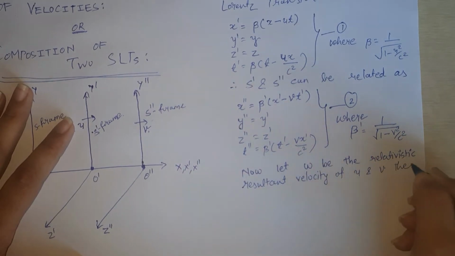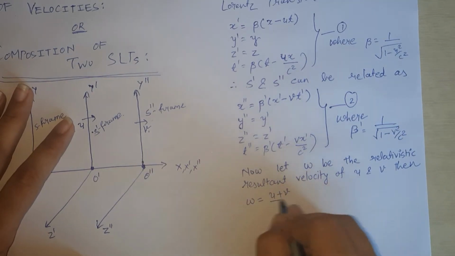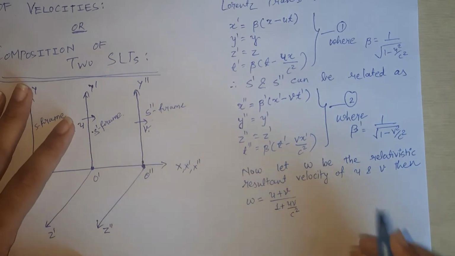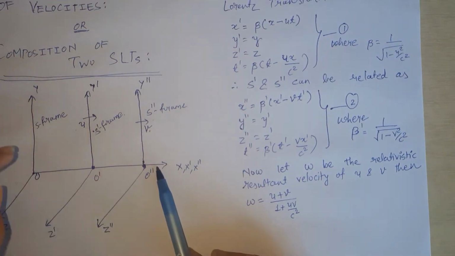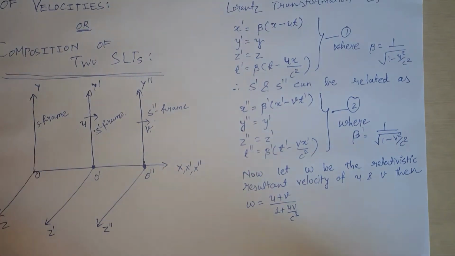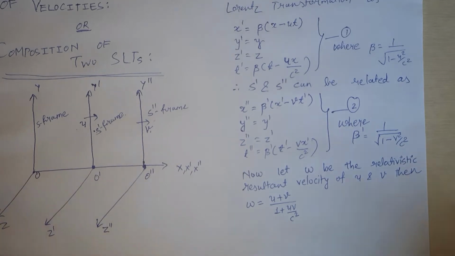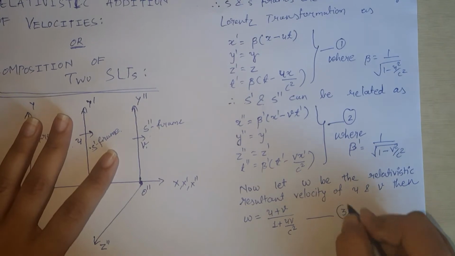Then W is given by u plus v upon 1 plus uv upon c square. Here W is the velocity of system S double dash relative to frame S along the x axis. Therefore, we have to show that the composition of two SLTs is again an SLT. We will name this equation 3.